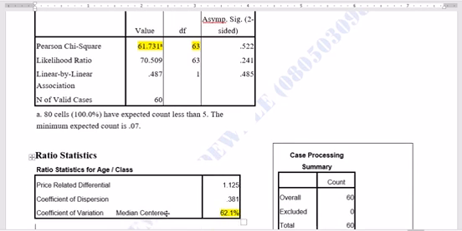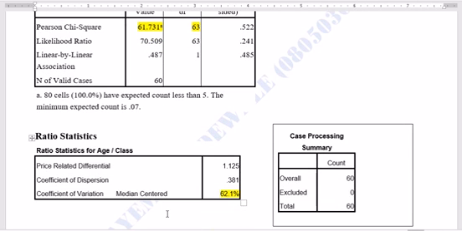The next one is ratio statistics. And ratio, what is the meaning of ratio? Like fraction. Okay. This is ratio that I did. And what I put in is age and class. From my age and class, this is the ratio statistics for that one. For age and class, this is a coefficient of relation between the two variables, the variable of age and the variable of class.